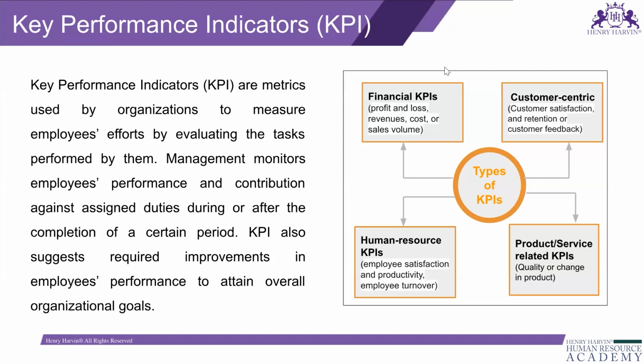So, key result area of a payroll person is, as I said, processing the payroll and giving the right salary to the right person and remitting the statutory payment on time. So this is the key result area of a payroll executive.